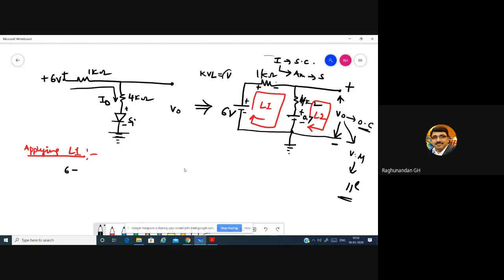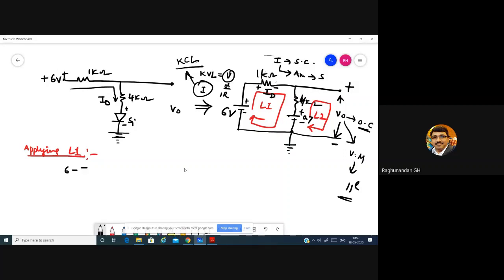When you apply KVL, you should write it in terms of voltage, or in terms of current and resistor. You cannot write only current. Current alone can be written only when you apply KCL. Along with current, you should consider the resistance. Let the current through this be ID.